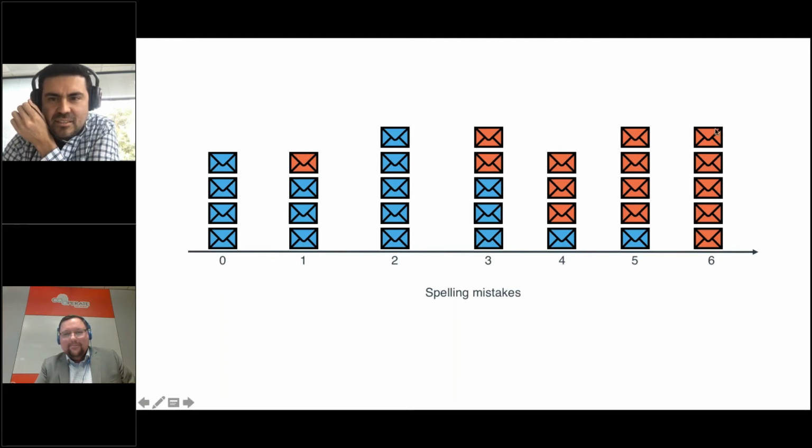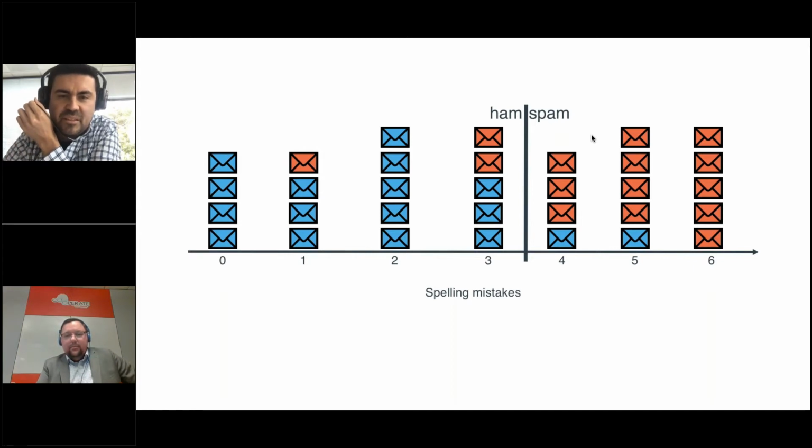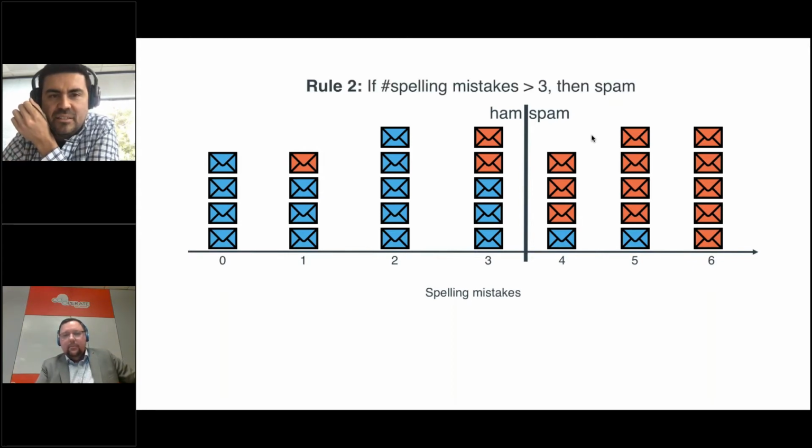Let's see if some answers come by. I'm going to throw my own. I think if you have more than 3 spelling mistakes, then you're spam. It could be 2, it could be 3, right? The rule depends on us. But let's say that rule 2 says if the number of spelling mistakes is bigger than 3, then it's spam. And if not, then it's ham.